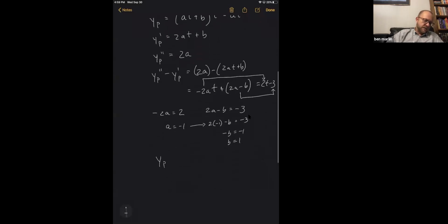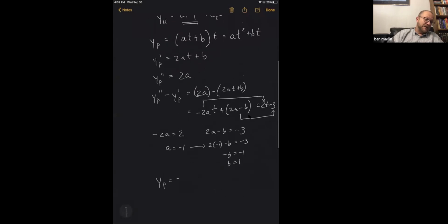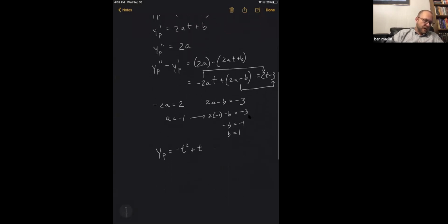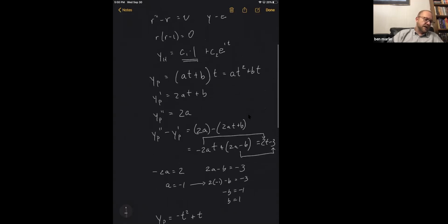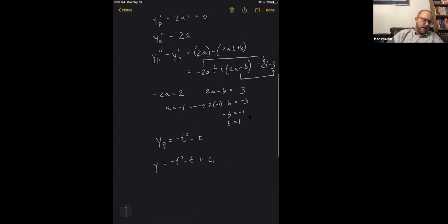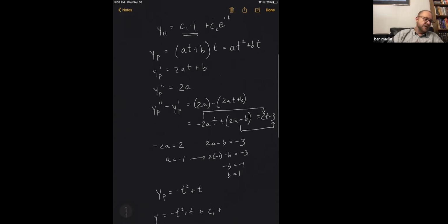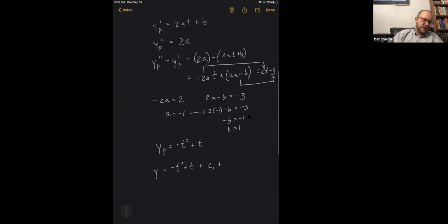So our y sub p is going to turn out to be minus t squared plus 1t. Okay. And then putting things together, our general solution is minus t squared plus t, and then plus, going back up there, c1 plus c2 e to the t.